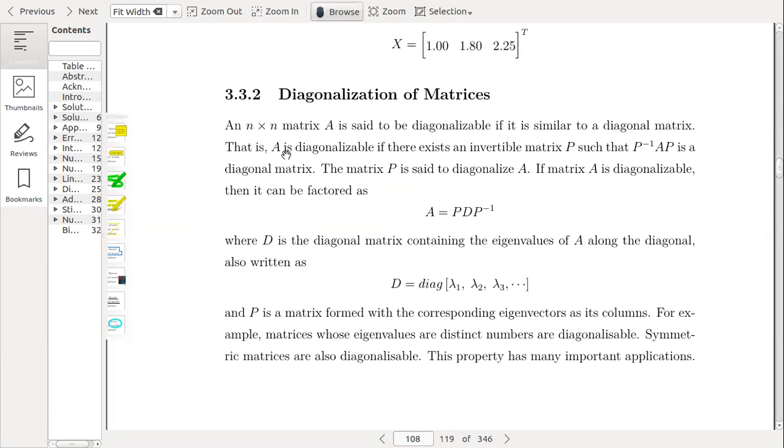An n cross n matrix A, meaning a square matrix, is said to be diagonalizable if it is similar to a diagonal matrix.